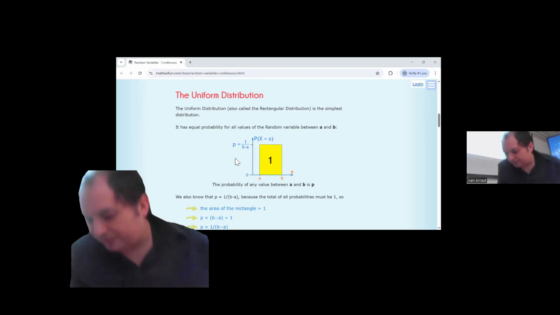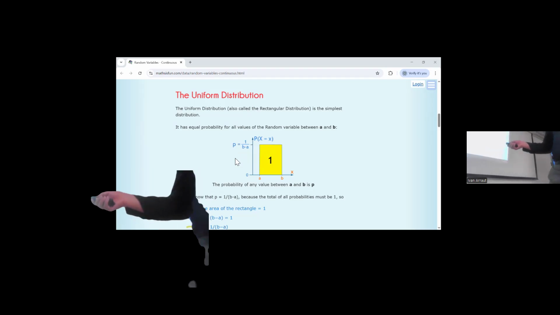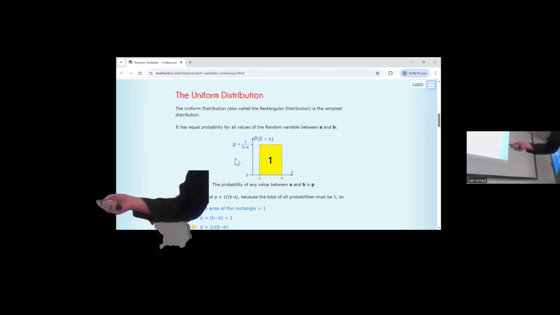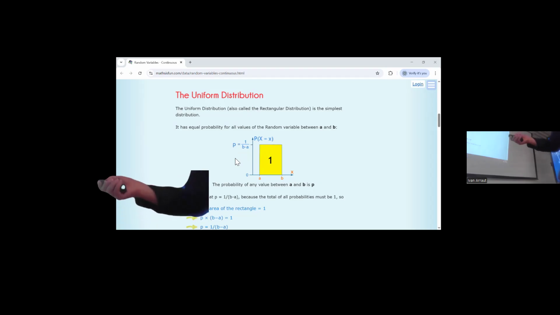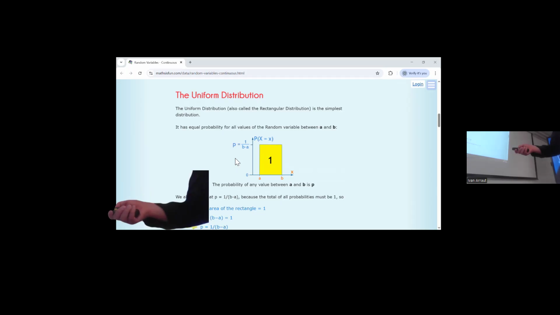So the area of this rectangle is 1. If you multiply B minus A by this, you will get 1. So this is telling you that in a continuous random variable distribution, the total sum of probabilities is measured by the area below the curve of the distribution. The area here is 1. The area of the rectangle is 1. This is one simple one.